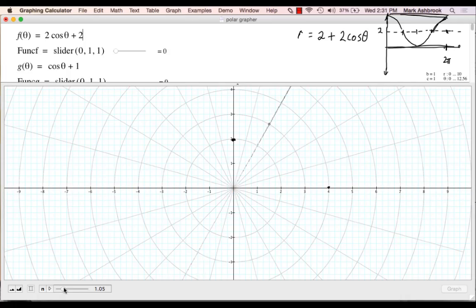But then when it reaches pi over 2, it makes it to 2. So again, as the angle increases, that distance from the pole is decreasing from 4 to 2. What does that look like? As we go from 0 to pi over 2, the radius decreases to 2.